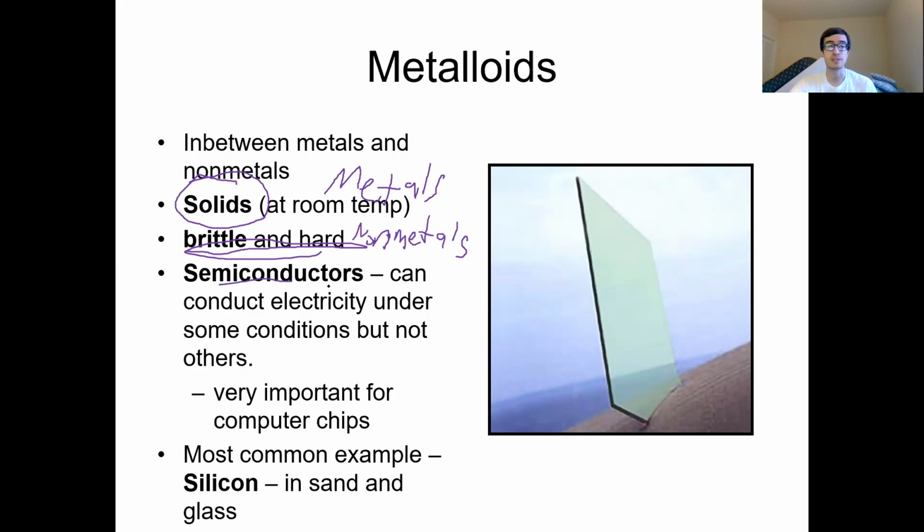So we call them semiconductors because they're not full great conductors like metals, but if you get them under the right conditions, the right temperature and pressure, then they can conduct sometimes extremely well. So computer chips tend to have a lot of semiconductors in them. Silicon is a really important semiconductor that goes into computer chips.